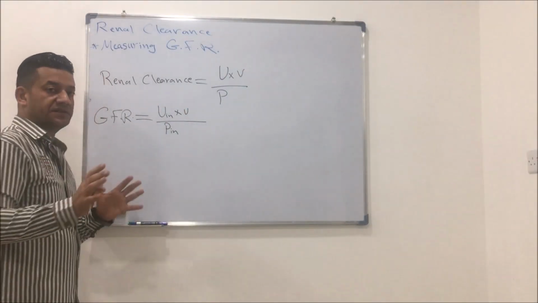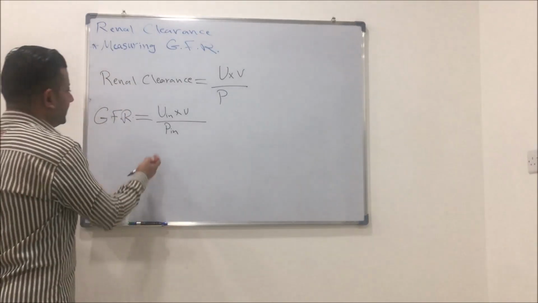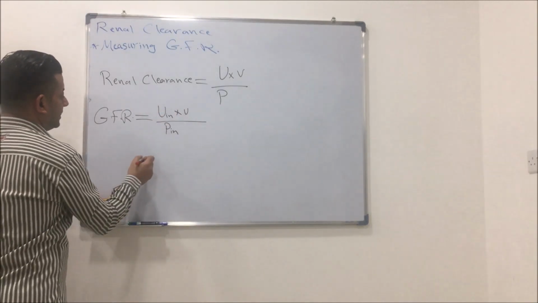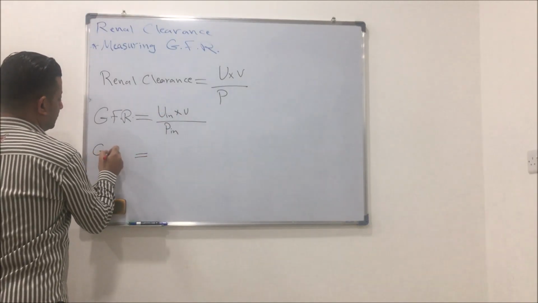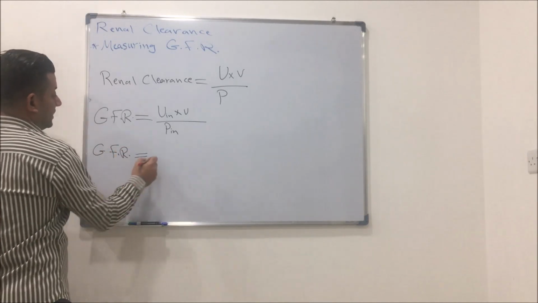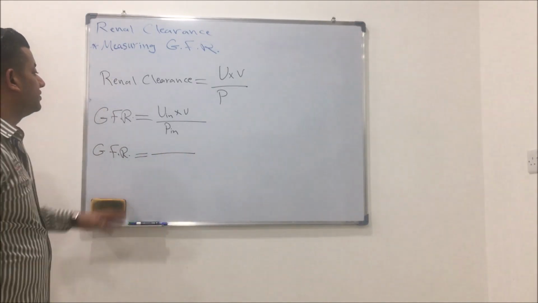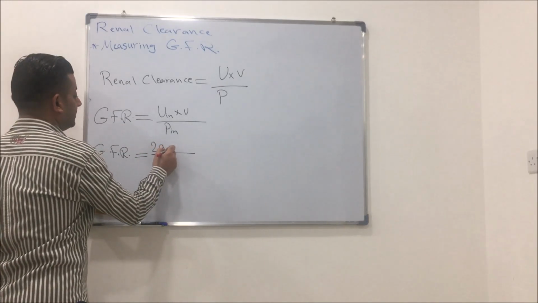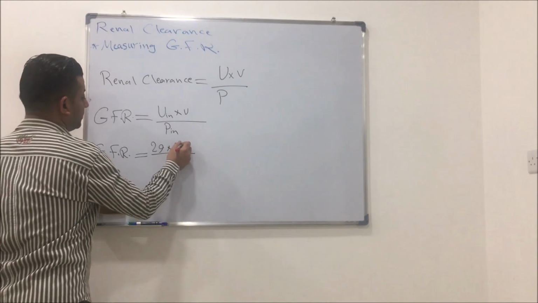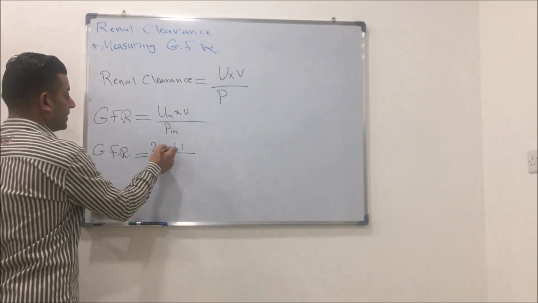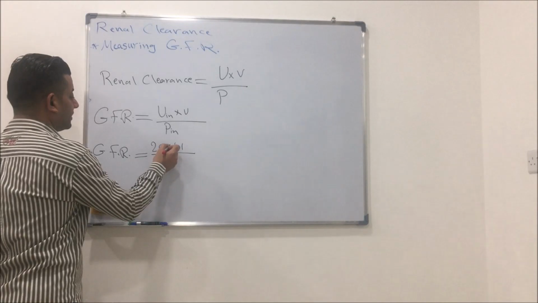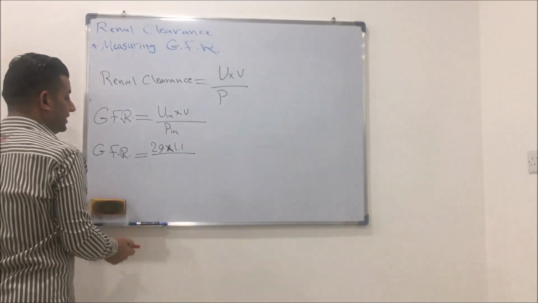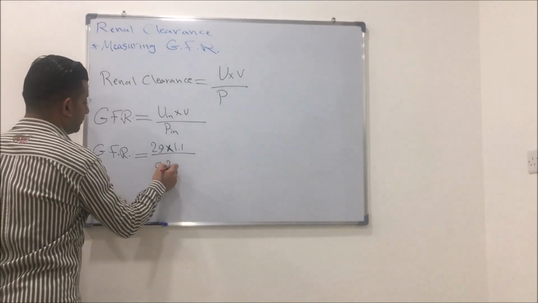So in a normal person, let's replace these by normal values. The GFR equals, in 1 minute, the concentration of inulin in urine of about 29 multiplied by 1.1, the volume flow rate, divided by the concentration of inulin in plasma, which is about 0.25.